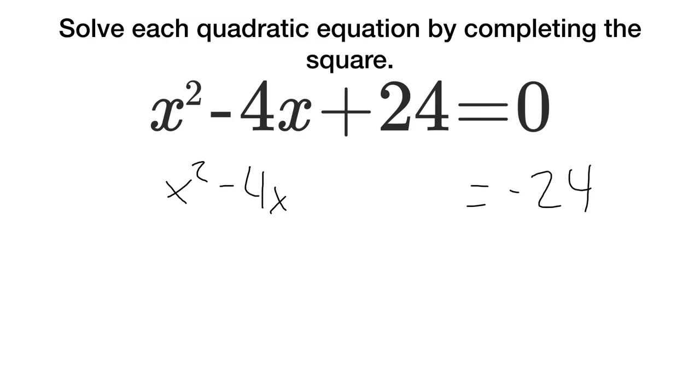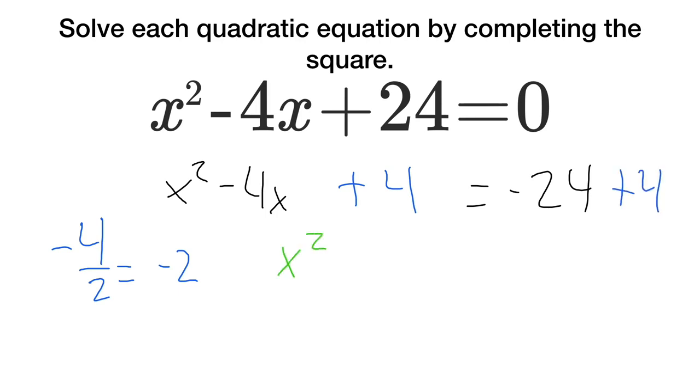Now, in this case, what I'm going to do is I'm going to take negative 4 divided by 2. That's negative 2, and negative 2 squared is plus 4, so I'm adding 4 to both sides. Let's actually just factor that one out. That becomes x minus 2 squared equals negative 20.